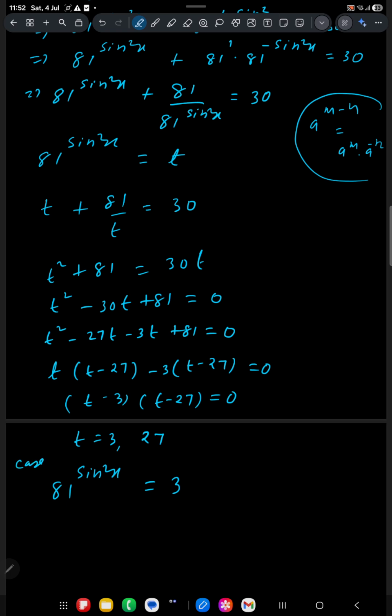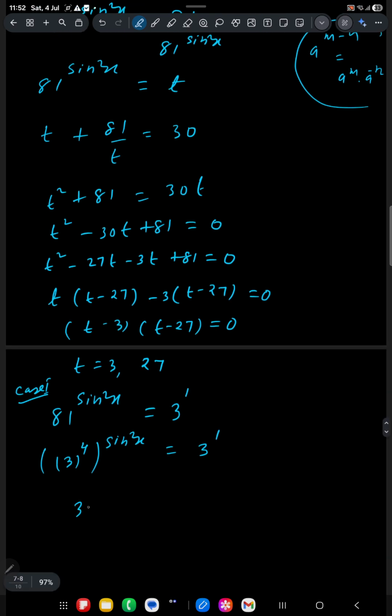This is case 1. So at this time, 81 raised to the power sin square x equals 3 raised to the power 1. 81 is how much? 3 raised to the power 4: 3 threes are 9, 3 nines are 27, 3 twenty-sevens are 81, so 4. And above that, sin square x is 3 raised to the power 1.